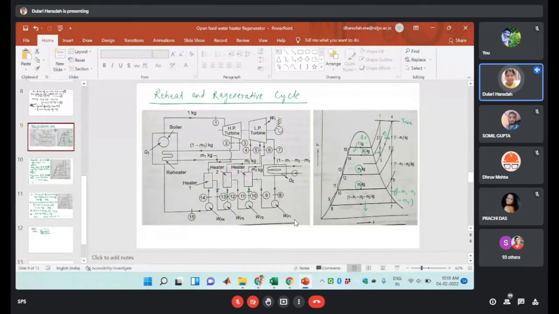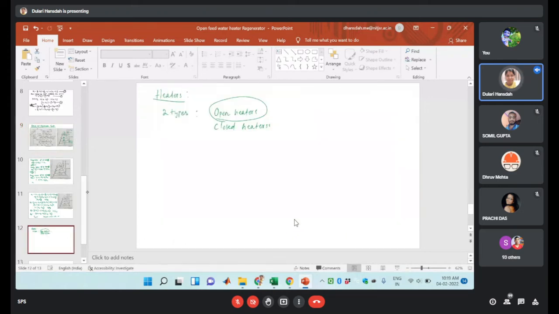So there is another heater, which is your closed heater. In the case of the closed heater, the steam and feed water will not be in contact. So this is also known as the non-contact type of heater.